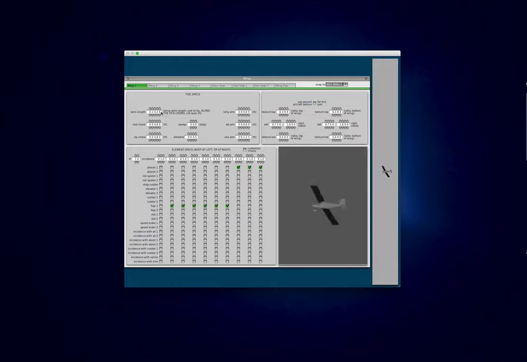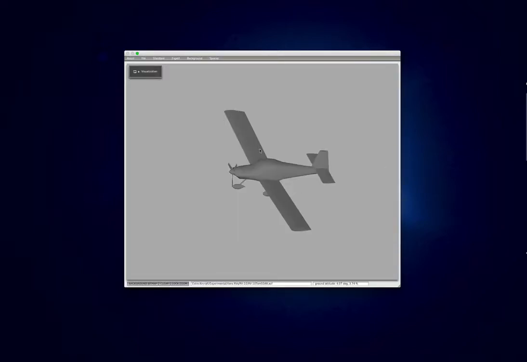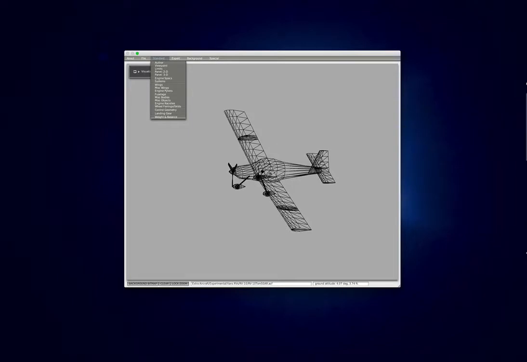It's getting a much longer wing. All right. So if you look, it's now got a much longer wing. If I hit the space bar, it's going to have wires. Sometimes for some people that's easier to see.